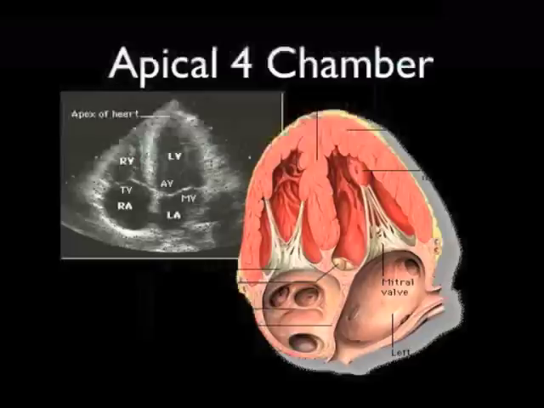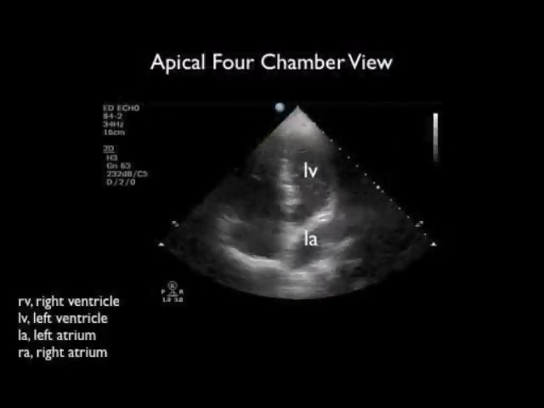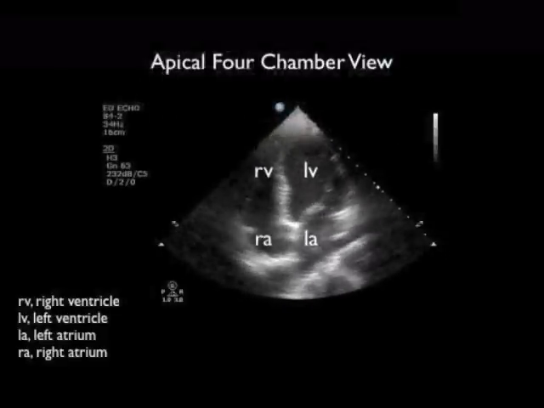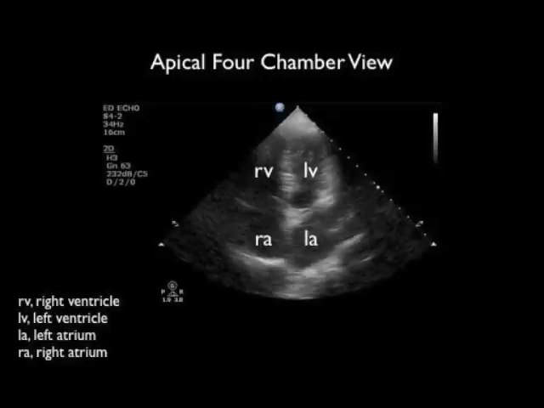In this schematic, we're able to see the right ventricle and right atrium with the tricuspid valve separating the two, and the left ventricle and the left atrium with the mitral valve separating the two. Let's take a look at the clip. Left atrium, left ventricle with mitral valve in between, right ventricle, right atrium with tricuspid valve in between. Notice the thick interventricular septum between the two ventricles, left and right.